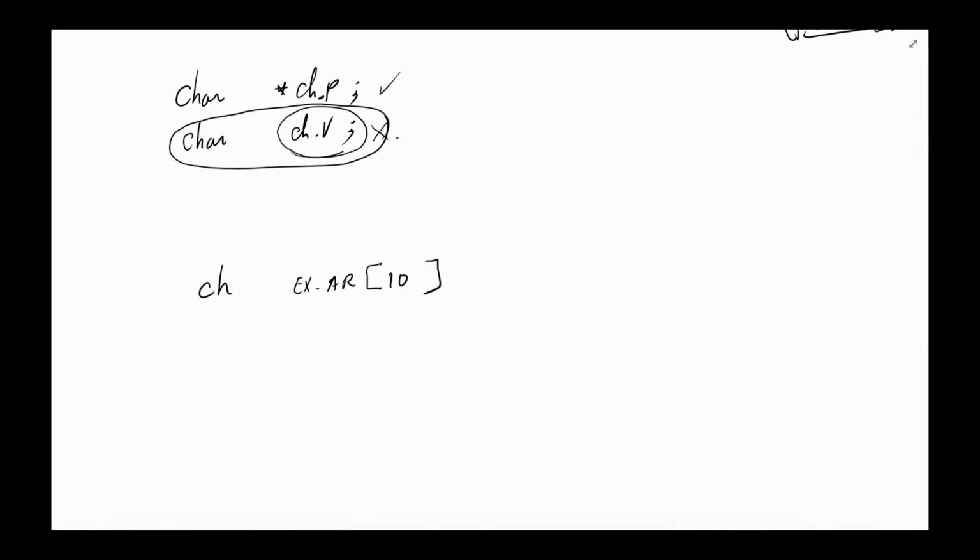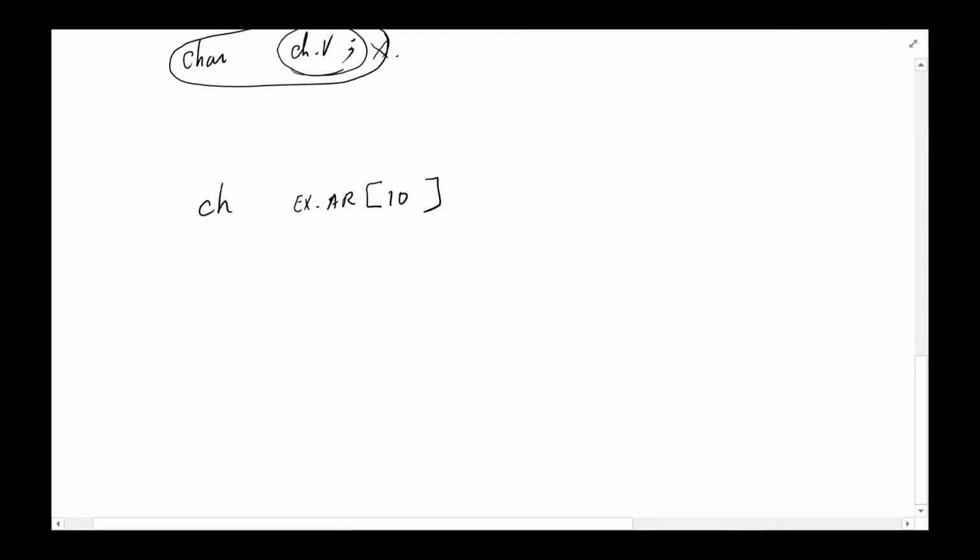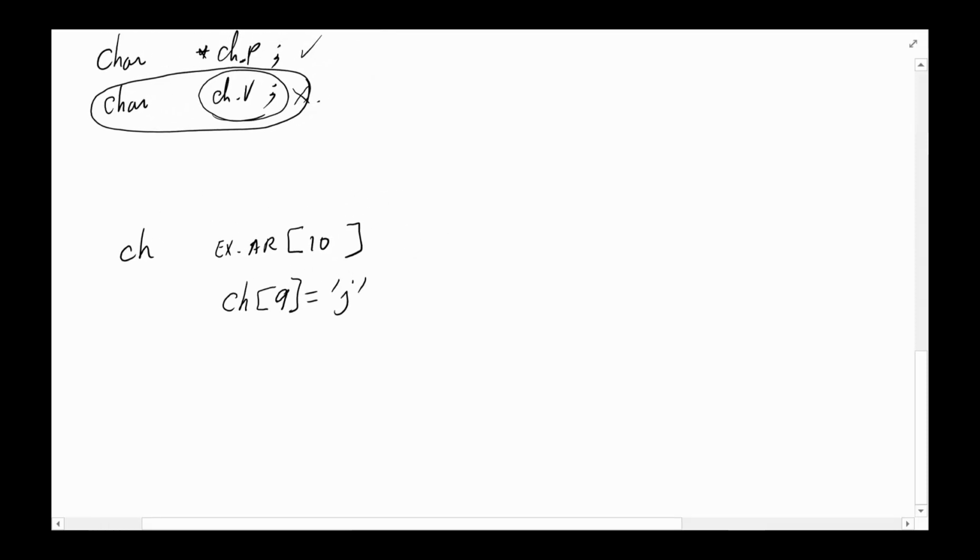We can do an integer next, but let's start with the character to get the sense of that. And so if I've got this, and then someone says character 9 is equal to J, C is going to allocate it based on where the memory is starting to become available, and it's going to go down 10 bytes.